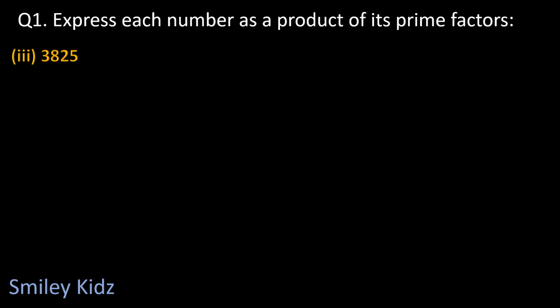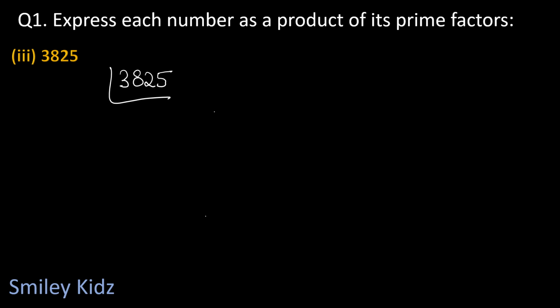Now we have the third sub-question over here which says 3825. Now, that's a huge number. Right, now let's find out the prime factorization of this number. 3825. The number clearly says it is not divisible by 2 at all.